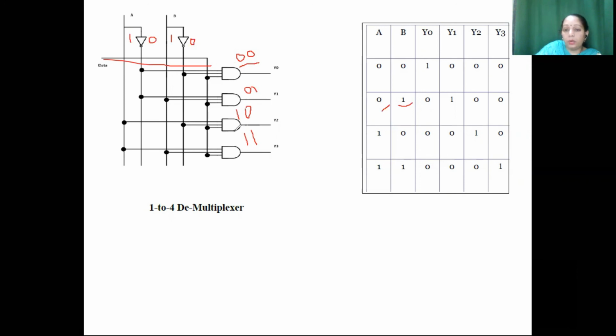Next move on to Y2 having inputs 1 and 0. 0 for B and A is 1. You can join 0 from here through an inverter to Y2 and 1 from A. Now both of the inputs have the value 1, 1. You can join from B from 1 here and A is 1. This is your 1 to 4 demultiplexer.